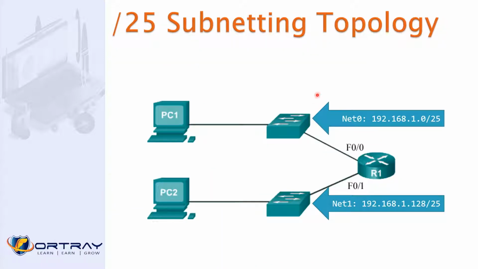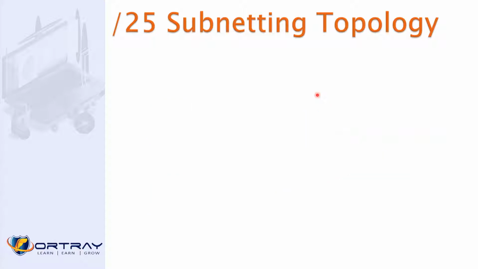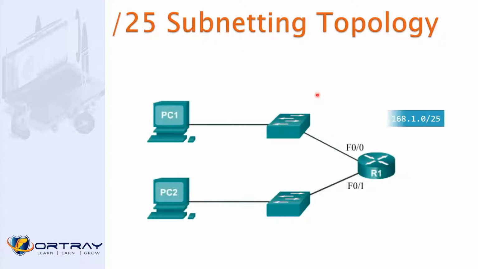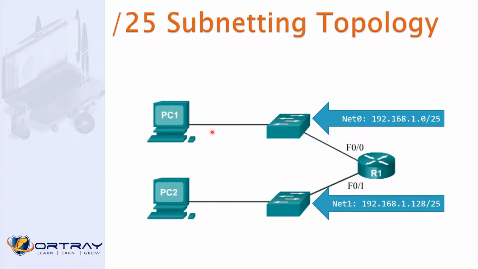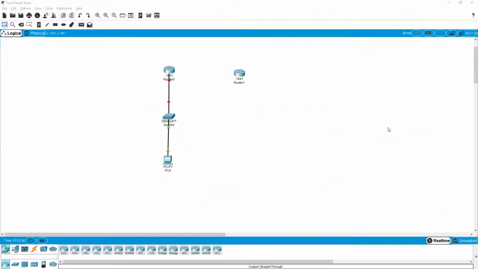From the topology point of view, with the previous things we have discussed, we can assign this to this network, and I can show you here as well. Let's see more of the concept of subnetting and how we can assign the IP addresses.